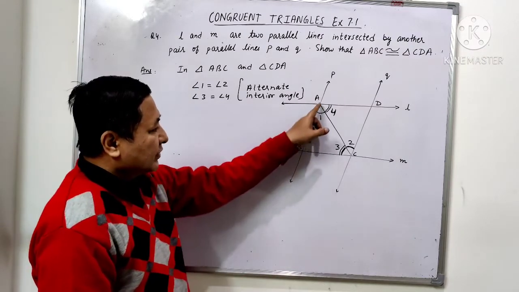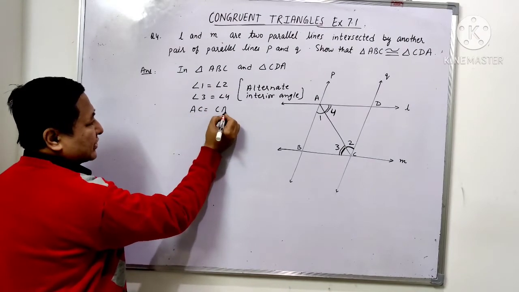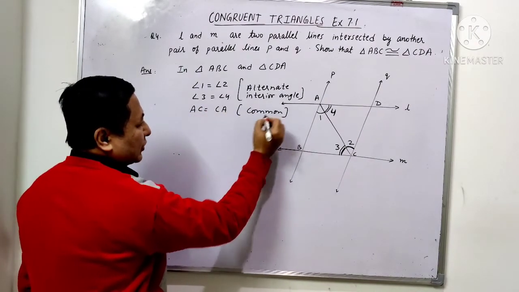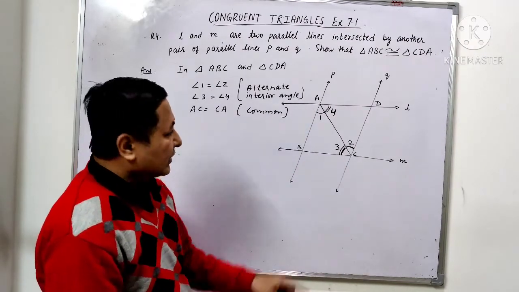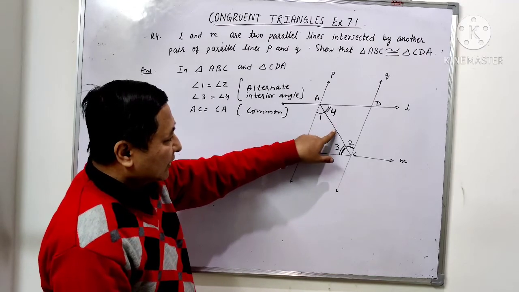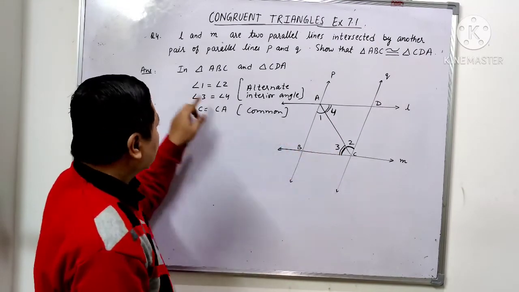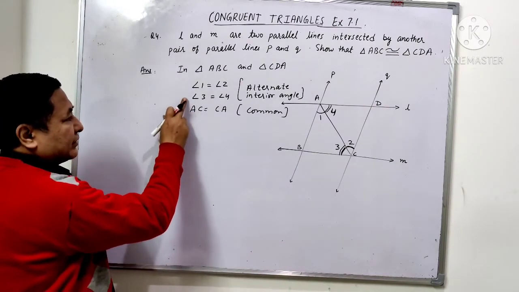If you can see, this is AC. So we'll write AC is equal to CA. That is common in both the triangles, so they will be equal. When we take triangle ABC, we have taken angle 1, then side AC, and then angle 3. So this is angle, side, and one more angle.